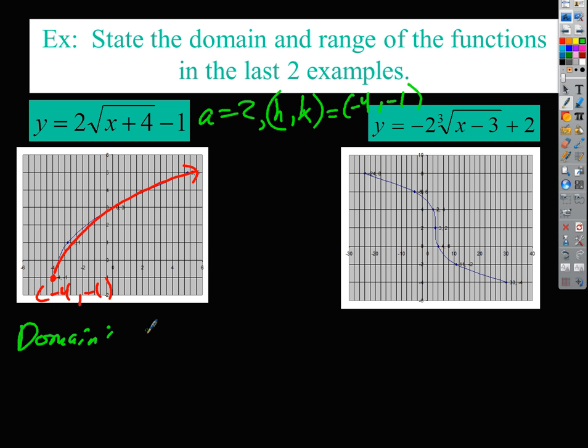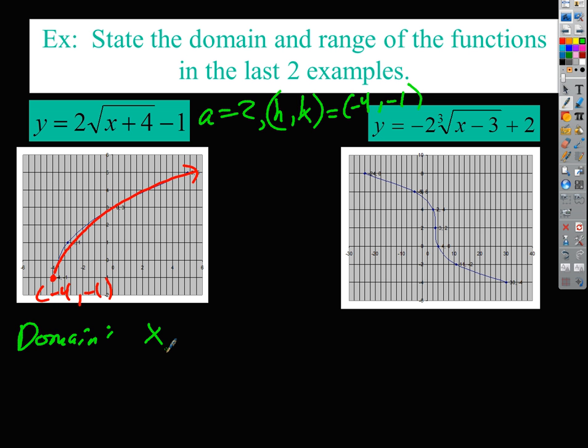X is what? What values of x are graphed there? Is it all real numbers? It's not, is it? It's got a definite starting place.